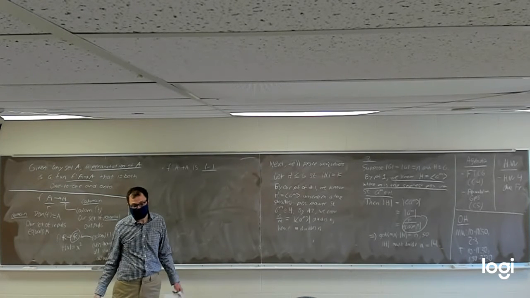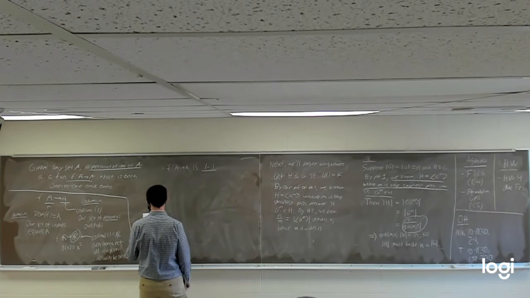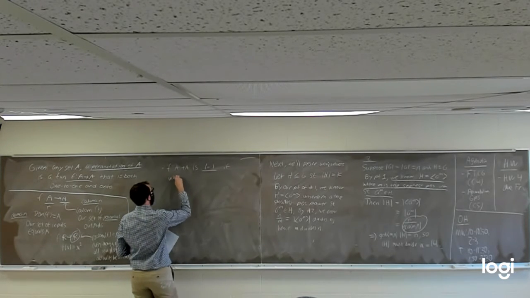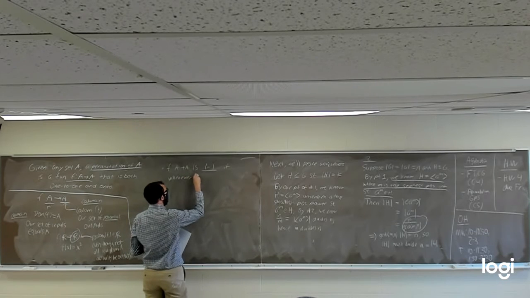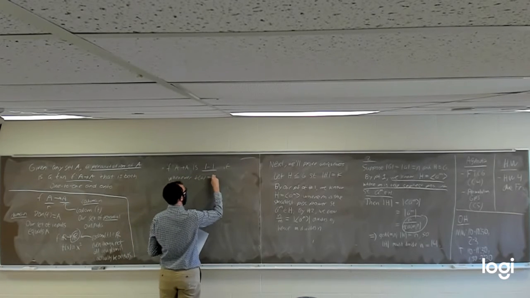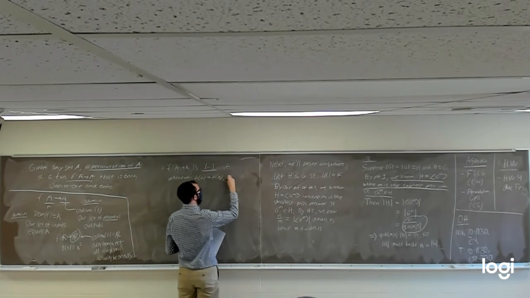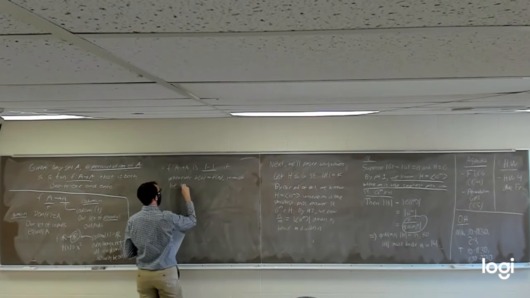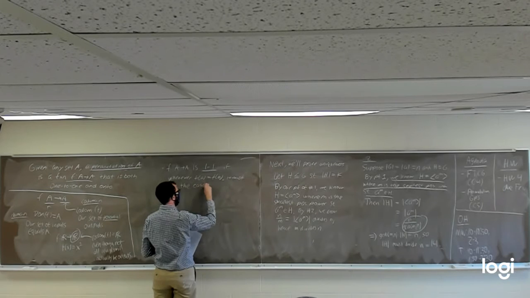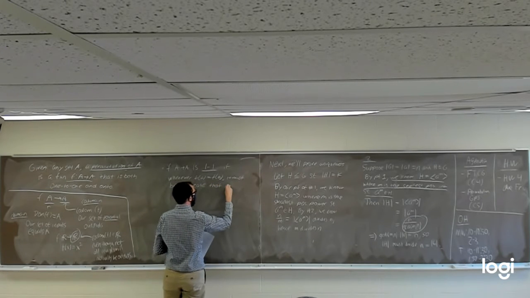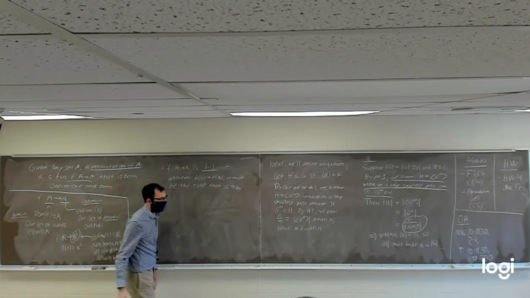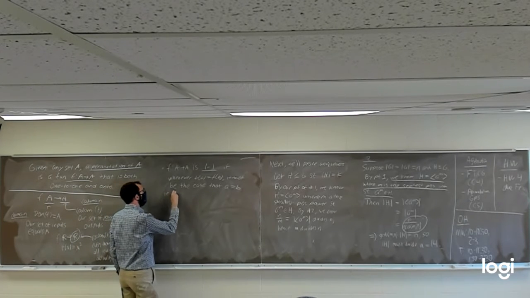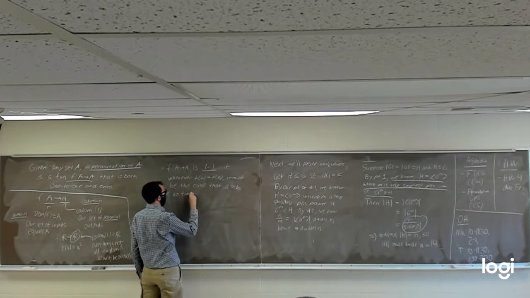Function f is one-to-one if whenever f of a is equal to f of b, it must be the case that a is equal to b, i.e., no two inputs match the same output.